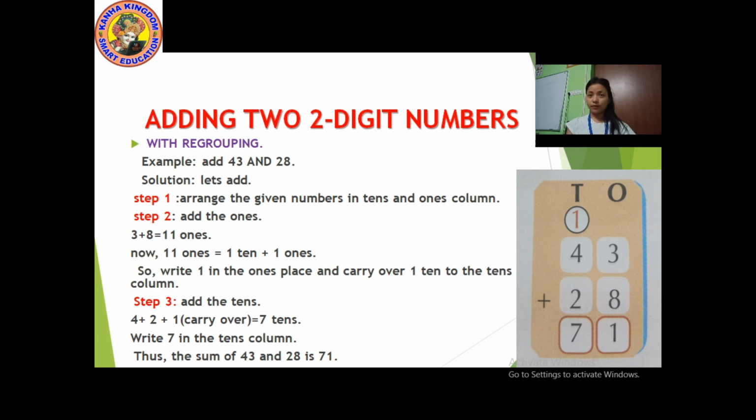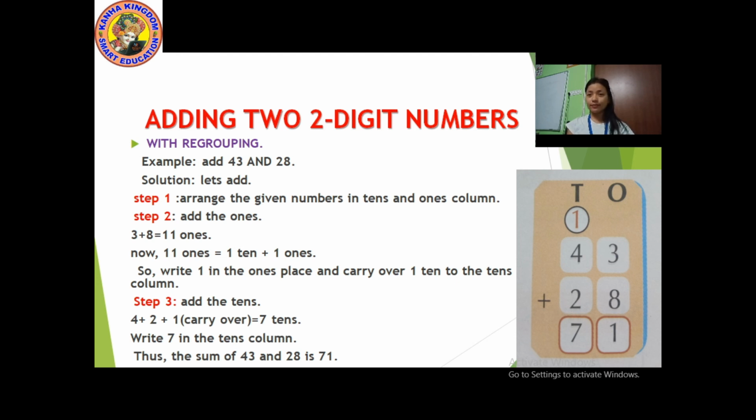But remember that in the second step, we carried over 1 ten to the tens column. So that 1 ten is also there, and we add these three numbers together. 4 comes from 43, 2 comes from 28, and 1 is the carry over.